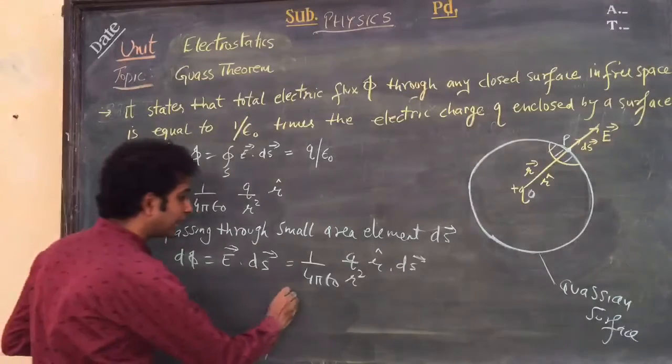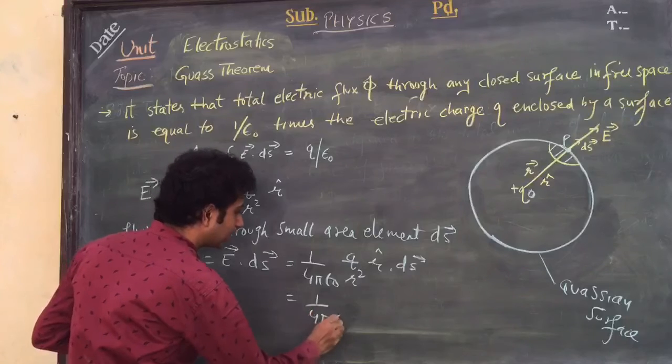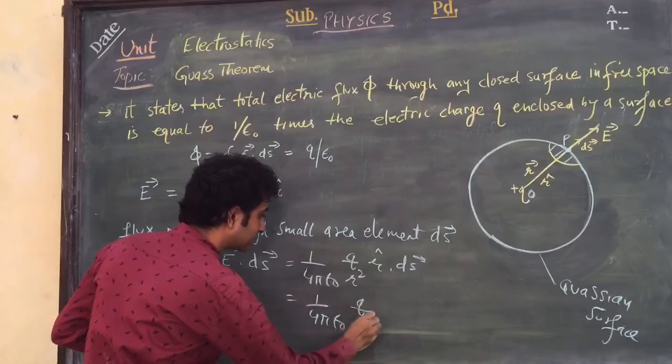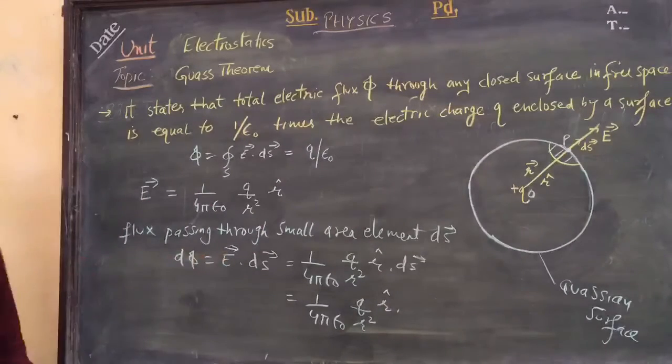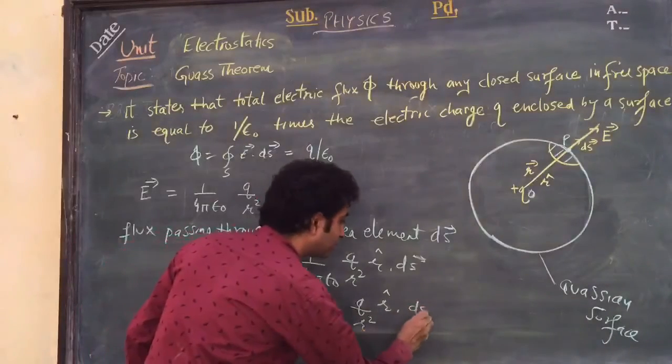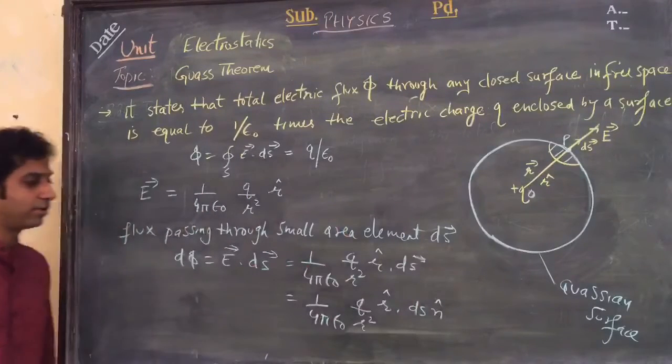Then I can write dS vector as dS into n cap, in terms of the unit vector.